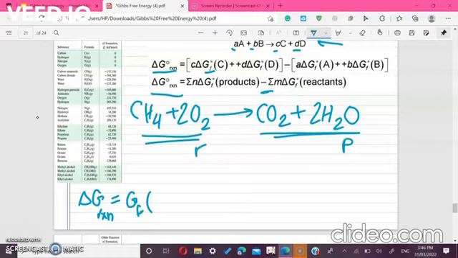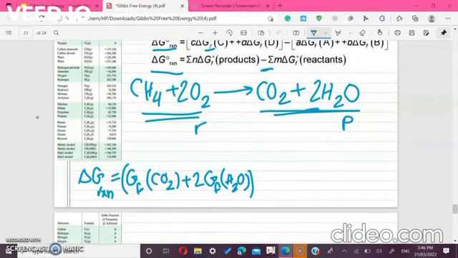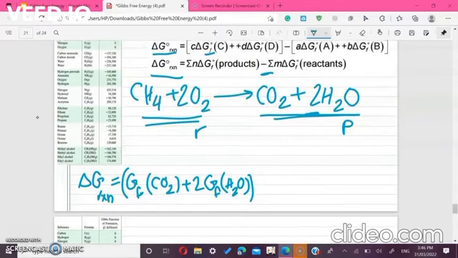So G formation for carbon dioxide plus 2, since we have 2 moles of water, 2 G formation for H2O. We add the values together for the products, and we're done with the products.